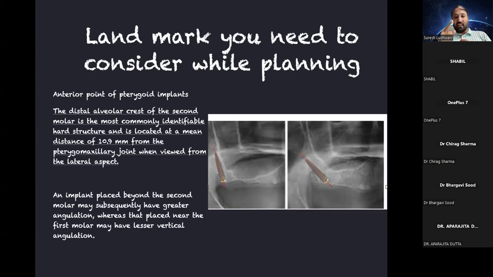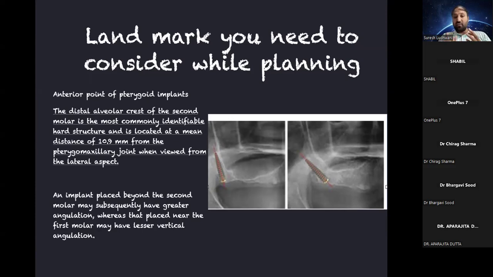Now, the distal lining of the maxillary sinus will decide the angulation of your pterygoid implant. How steep it is, because the more pneumatized and the steeper it is, the less space there is for you, and the more vertical your implant would be placed.